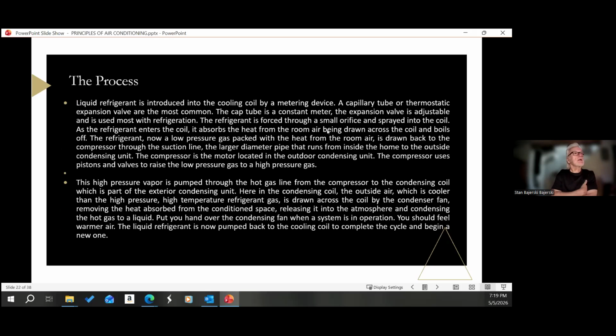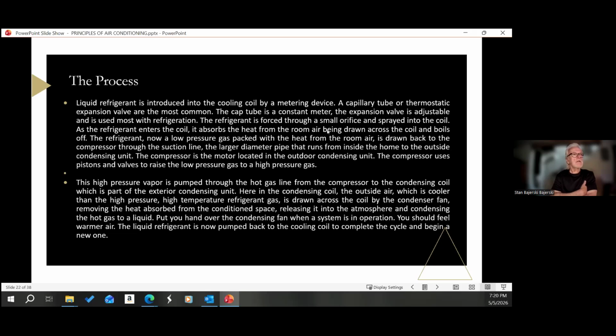Liquid refrigerant is introduced into the cooling coil by a metering device. A capillary tube or thermostatic expansion valve are the most common. So the cap tube is in wall units and window units. It cannot be adjusted. It's just one flow tube that remains constant.